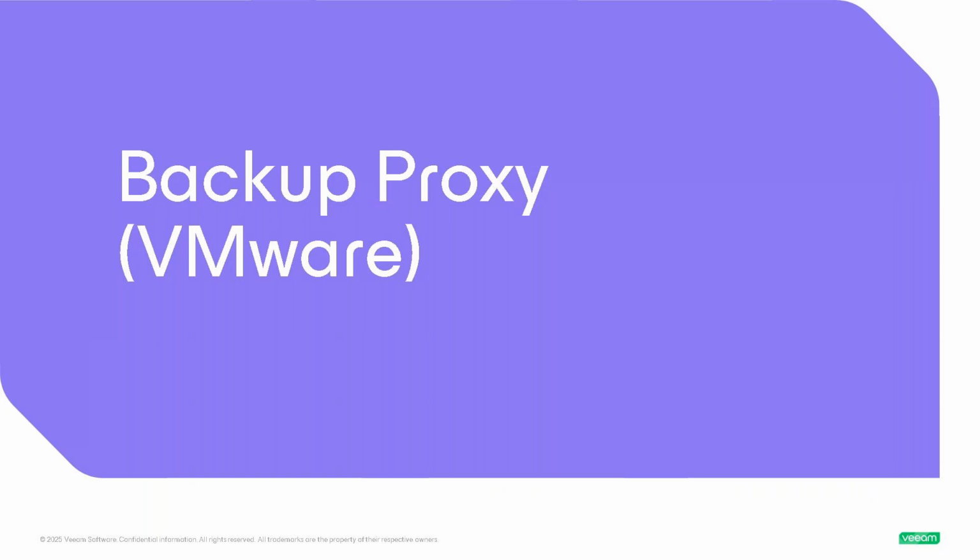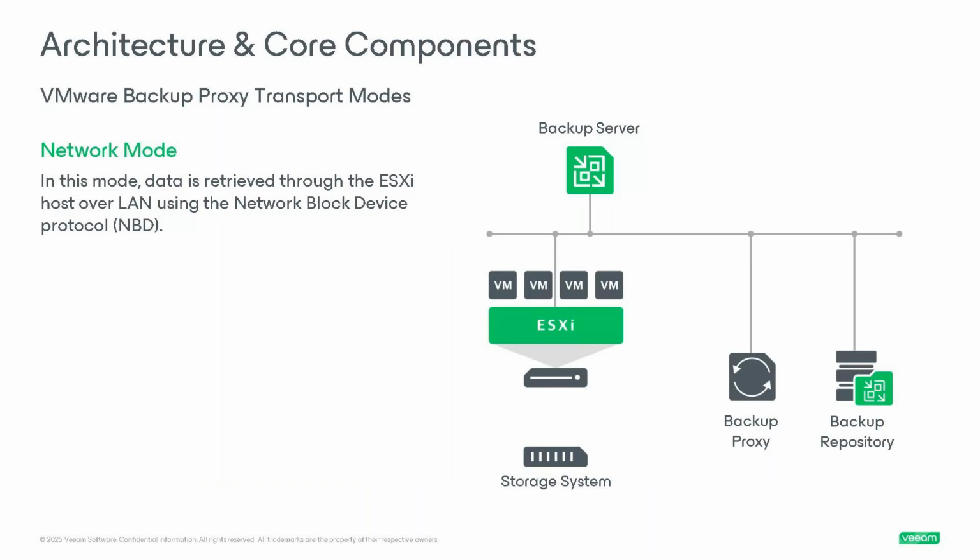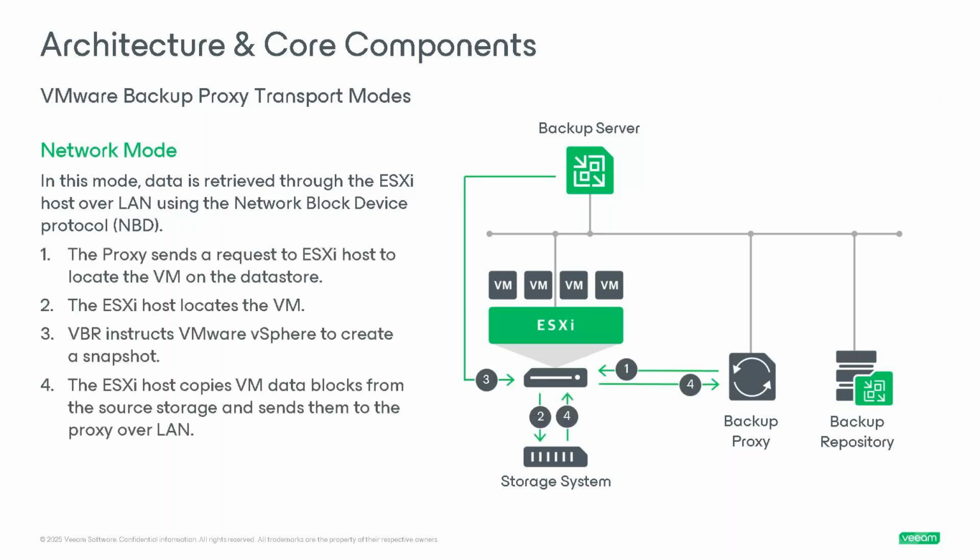So looking at VMware backup proxies, there are different transport modes, and depending on your backup window, your expectations or your requirements, there are different modes. This is the default mode. It works pretty well, but out of the three that we're about to discuss, it is the least efficient.